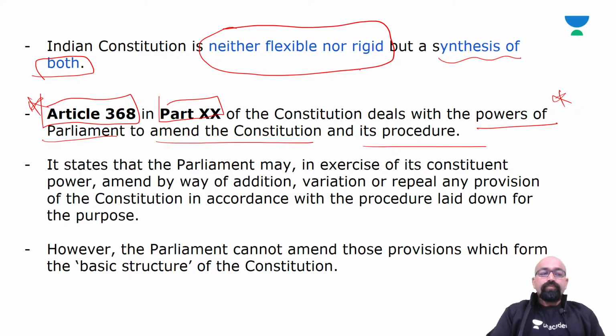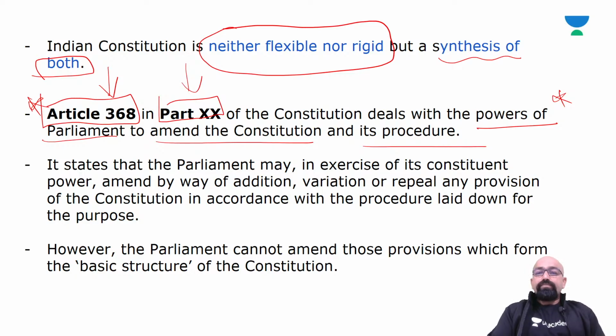So this is the basic information regarding amendment, which is mentioned in Article 368 of our Indian Constitution, under Part 20.